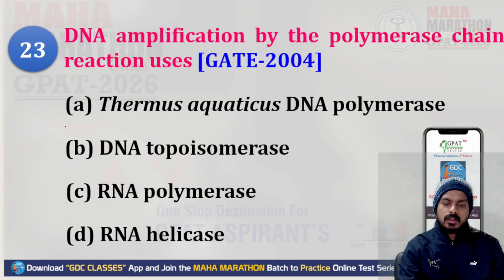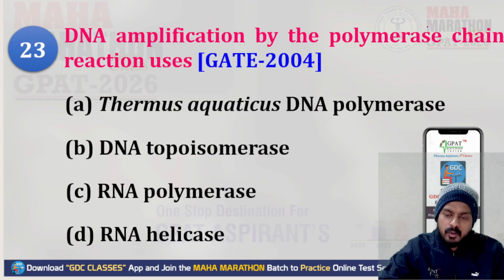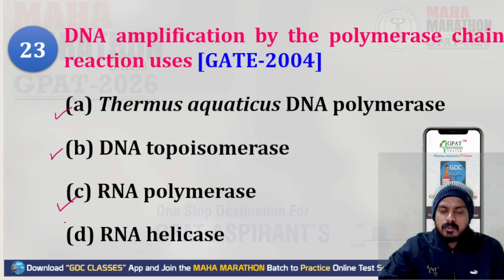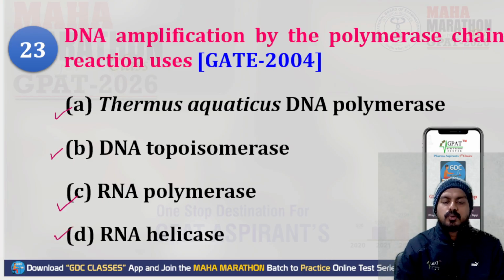Next question. The amplification by the polymerase chain reaction uses Thermus aquaticus DNA polymerase, DNA topoisomerase, RNA polymerase, or RNA helicase. For the amplification process, which polymerase enzyme are you basically using?